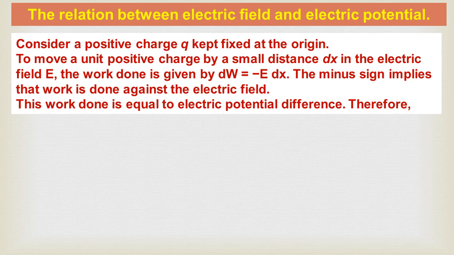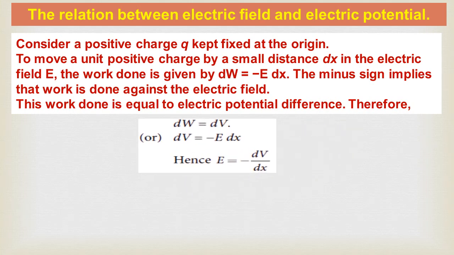Next one, relation between electric field and electric potential. I think you all know the term electric field and the term electric potential. Now consider a positive charge Q which is kept fixed at the origin.